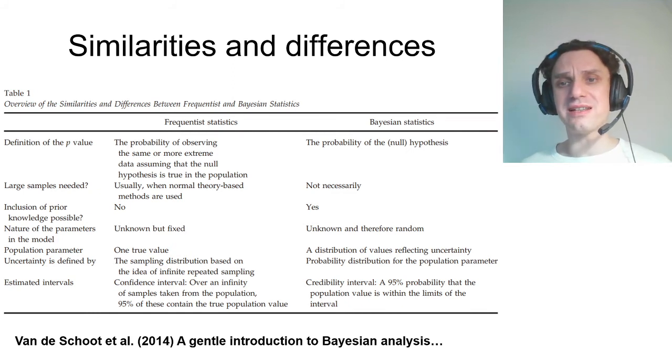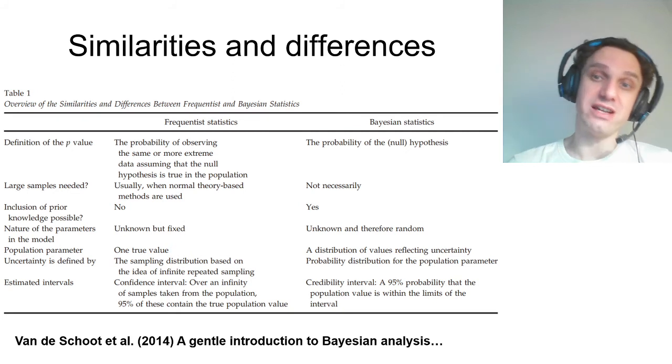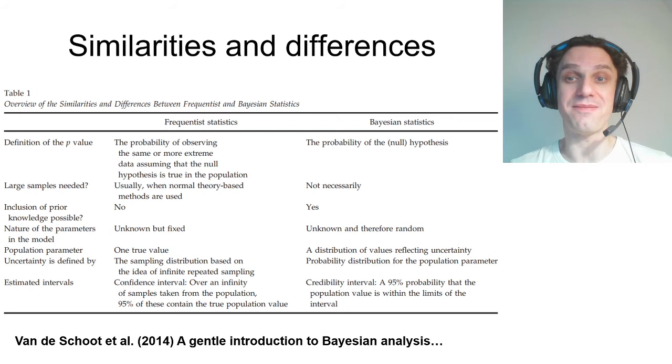However, in the frequentist approach, we can never be sure whether H1 or H0 is really true, and we can never evaluate directly the probability of H1 or H0.